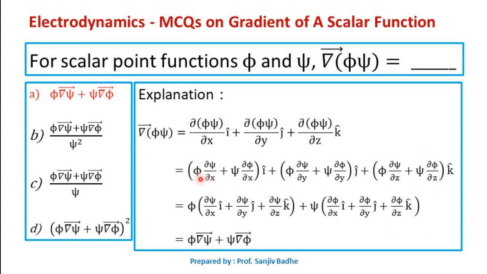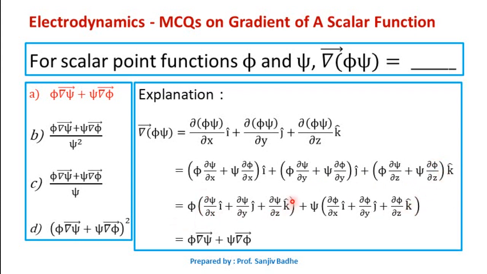After combining the terms containing phi and psi, we will get gradient of product of two scalar functions phi and psi as phi times del psi by del x i cap plus del psi by del y j cap plus del psi by del z k cap, plus psi times del phi by del x i cap plus del phi by del y j cap plus del phi by del z k cap.